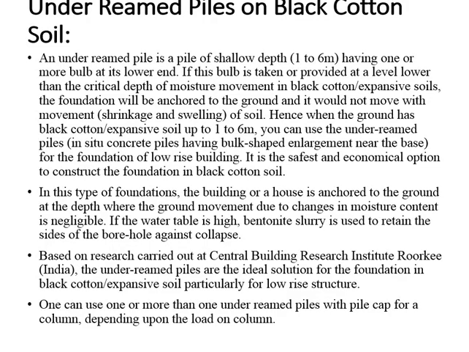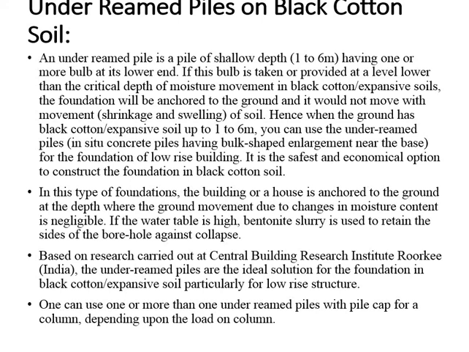The next one, under-reamed piles on black cotton soil. An under-reamed pile is a pile of shallow depth, 1 to 6 meters, having one or more bulbs at its lower end.